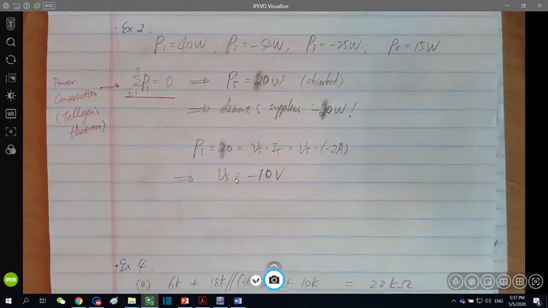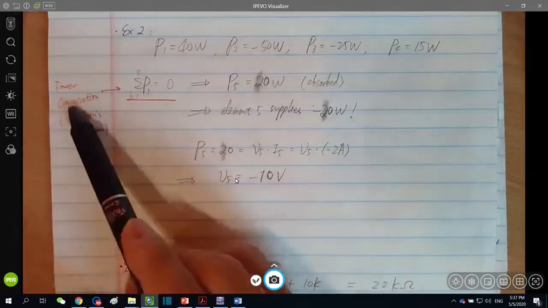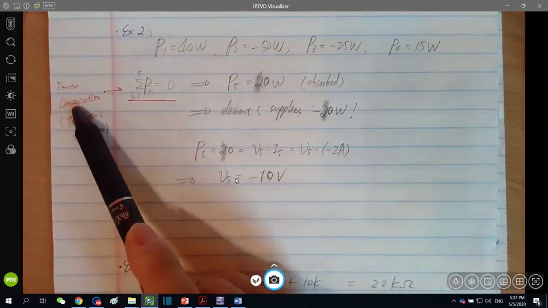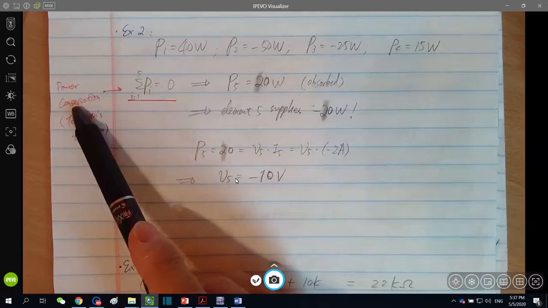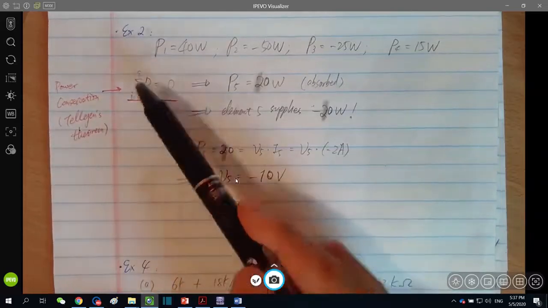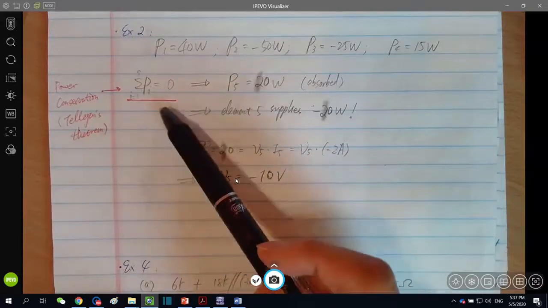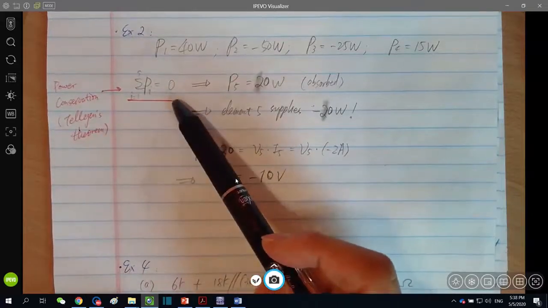And so obviously, by reading the problem, you need to first understand this is an example for so-called power conservation. Now, what does it mean by power conservation? It means the total power in the network, in a complete network, should be 0. How to think about this?